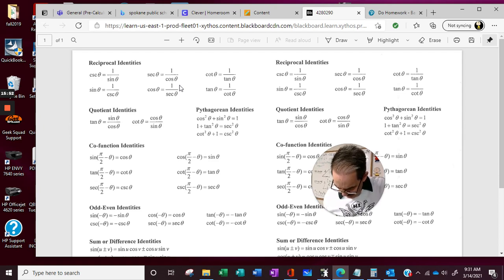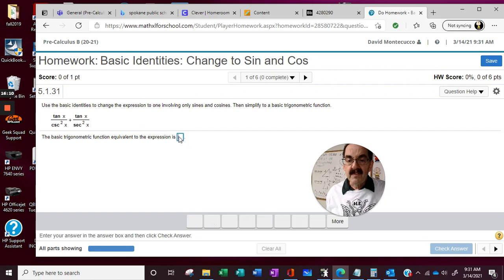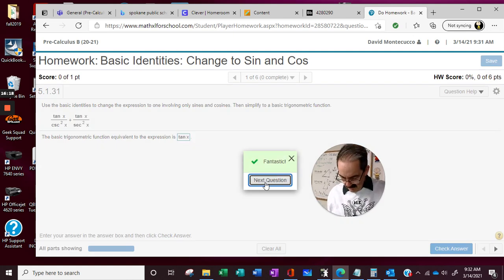We can add because we have a common denominator: sine squared plus cosine squared, all over cosine.